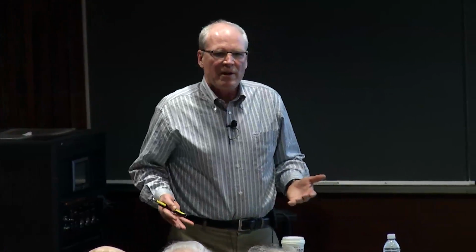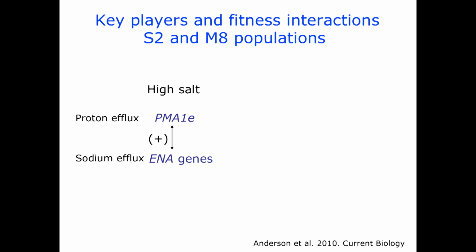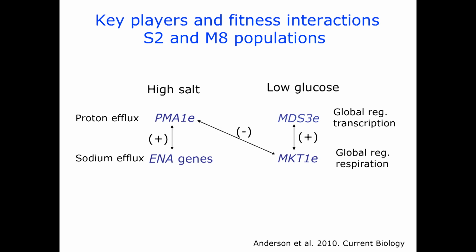And now, okay, we have the determinants, but we felt it's sort of incumbent on us to learn about how those determinants work. So here are the ones we're looking at. We've got in high salt, PMA1 is obviously important. We have the sodium efflux genes. These are both ATP-driven proteins. Over here, MDS3, it's a global regulator of transcription.